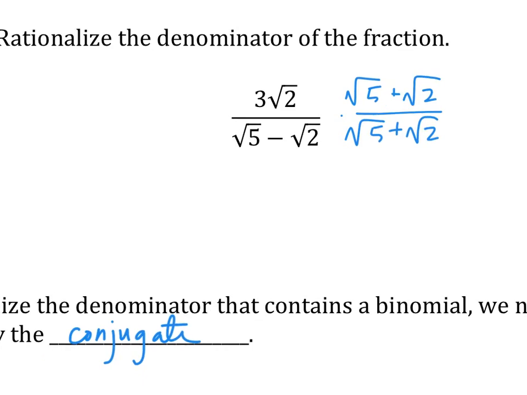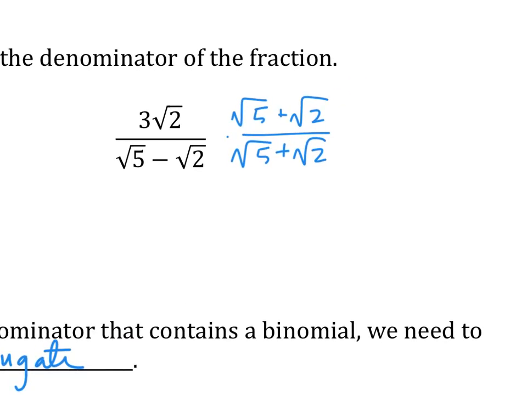Now, in the numerator, you just have to distribute or FOIL. In the denominator, you're going to use a minus b times a plus b. So you remember this is a minus b, this is a plus b. So a minus b times a plus b becomes what? A squared minus b squared. Yes.